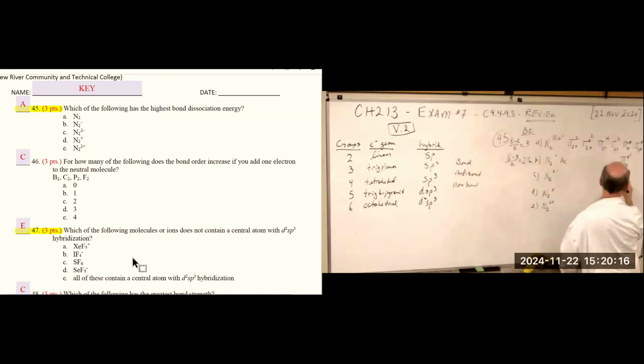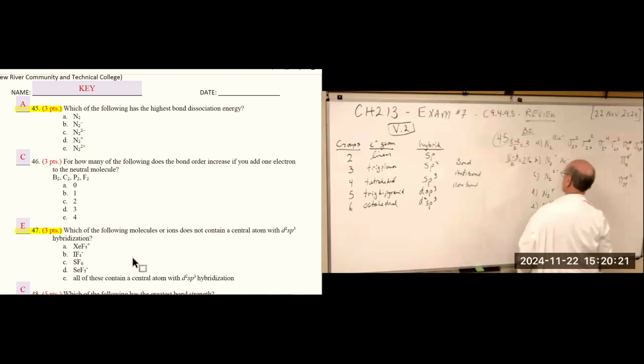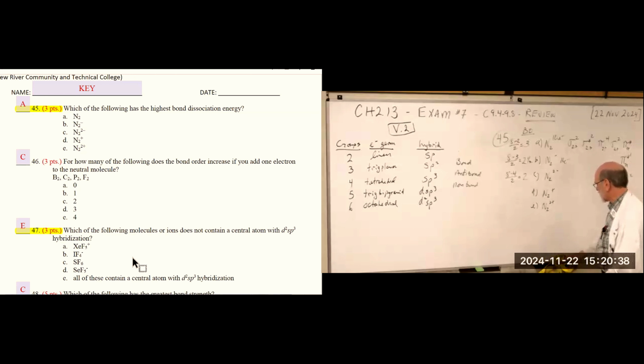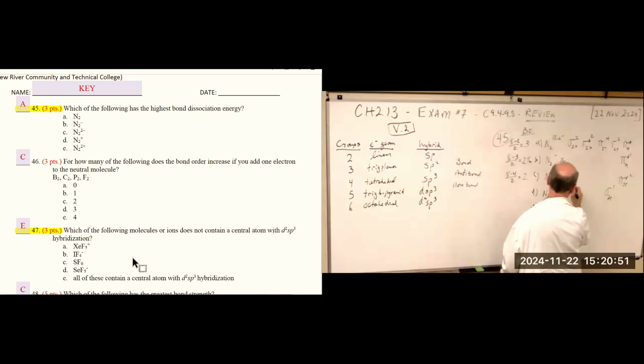This one we add 2. So it actually would be 8 minus 4 divided by 2, which would be 2. Then if we subtract electrons, where are we subtracting the electrons from this one? We're subtracting them from a bonding orbital. So we'll come down here to sigma 2p. This would be down to 1. That would be 9 electrons.